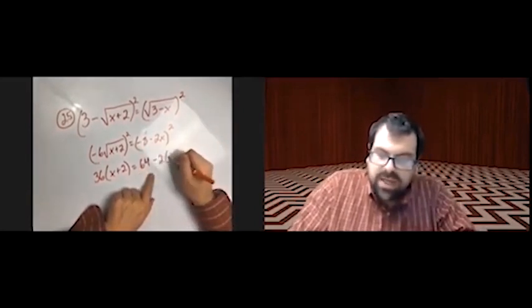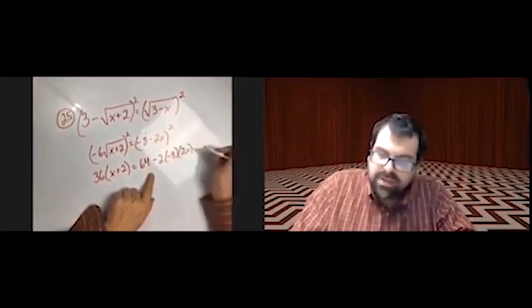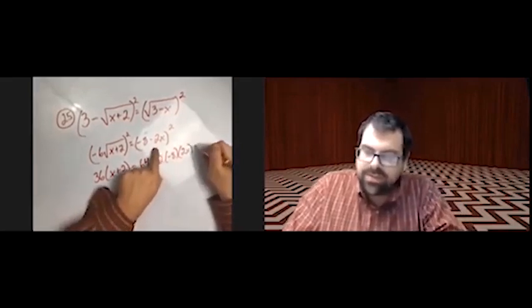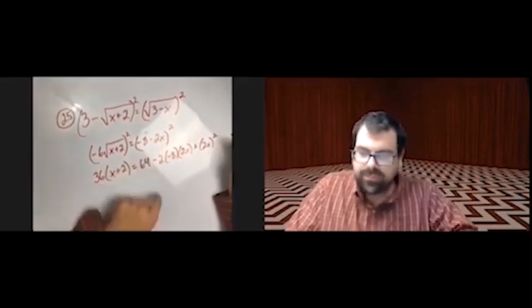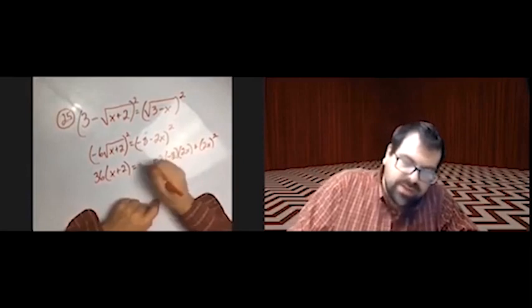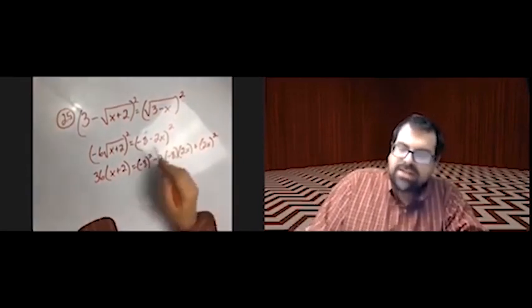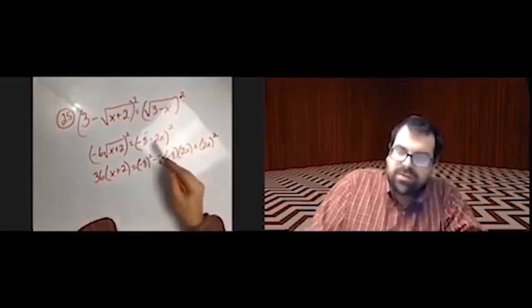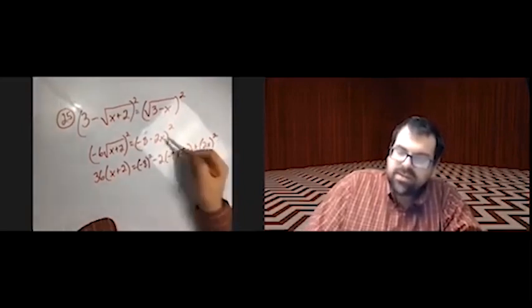Minus 2 times negative 8 times 2x, plus 2x squared. So I'll even write this as negative 8 squared for now. So again, same formula: square the first, minus 2 times the first times the second, plus square the second, or FOIL it with itself.